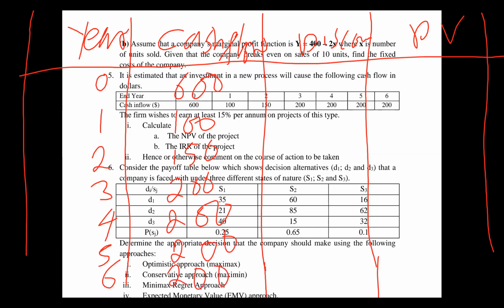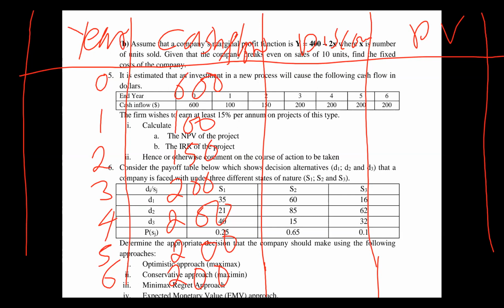These are the cash flows. We are told the firm wishes to earn at least 15% per annum on a project. That is the amount they want to get, so 15% shall be the discounting rate, and we need to find a discounting factor.